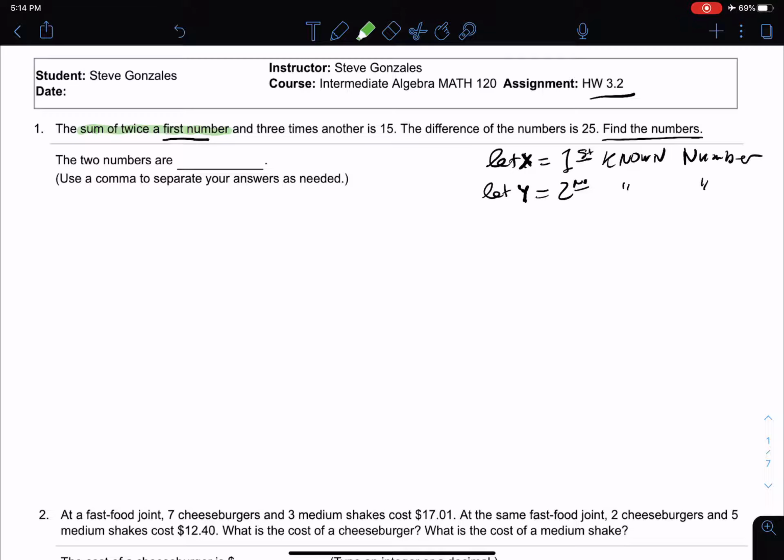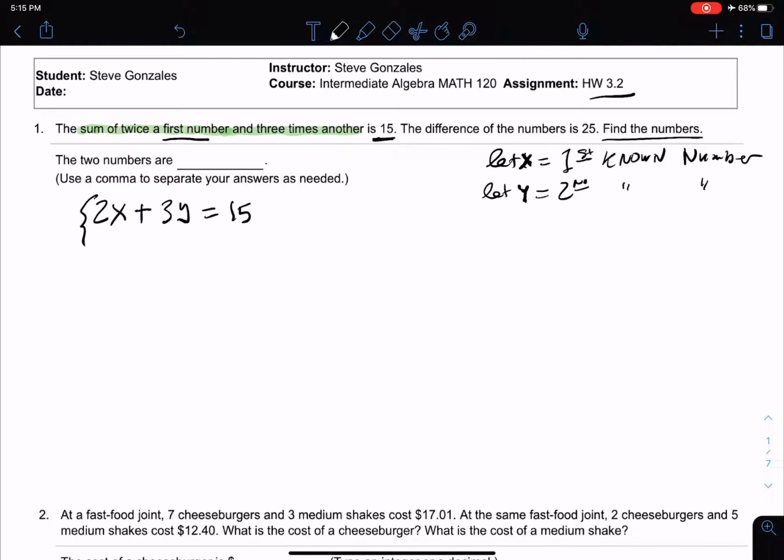It's the sum of twice the first number and 3 times another number. So it's going to be the sum of twice the first number, 2x, and 3 times the second number, y. So it's 2x plus 3y equals 15.